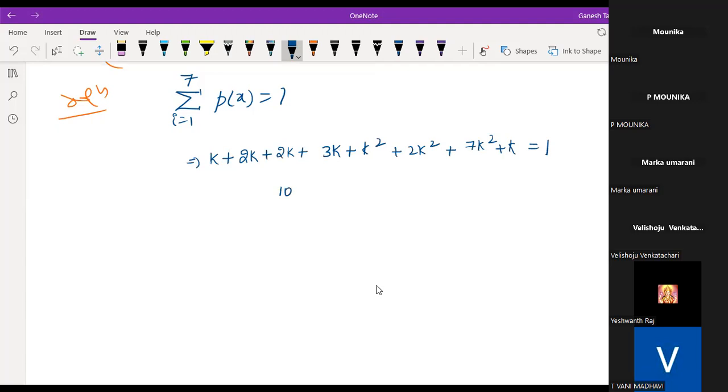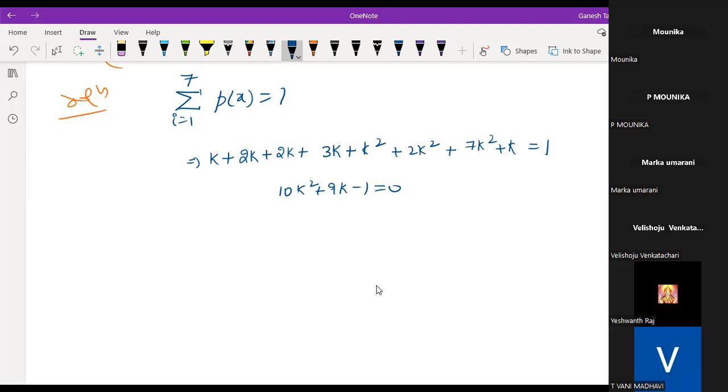So this I can write as 10k square plus 9k minus 1 is equal to 0. Just add: 3 plus 2 is 5, plus 3 is 8, plus 9 is 9k; 7 plus 3 is 10k square minus 1 you get here.